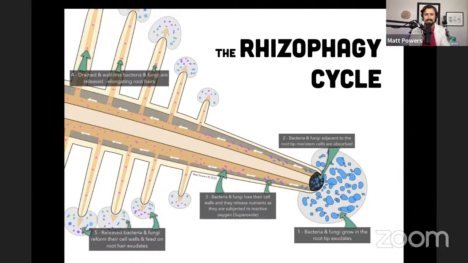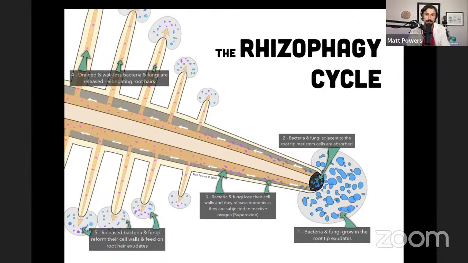So this is the primary way that plants feed, because in evolutionary terms, the bacteria and fungi that are smallest that can go through root meristem cells were here way before protozoa and nematodes.